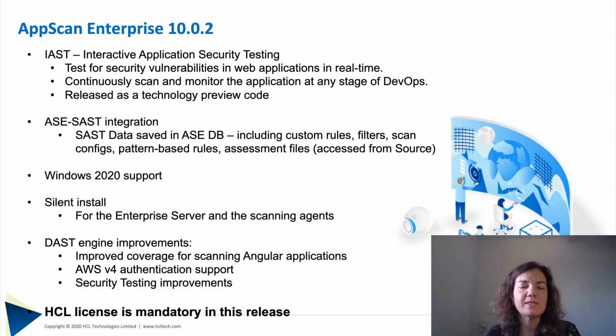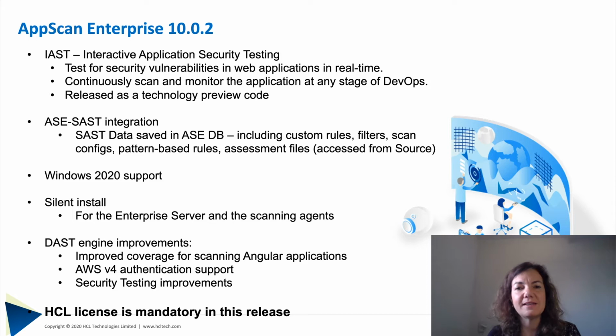Okay, so for AppScan Enterprise, the main capability we added is IAST, Interactive Application Security Testing. This is a new technology that we added before in the cloud, and now we are adding it as part of AppScan Enterprise. Ran will present and demo it, so I will not talk more about it here.